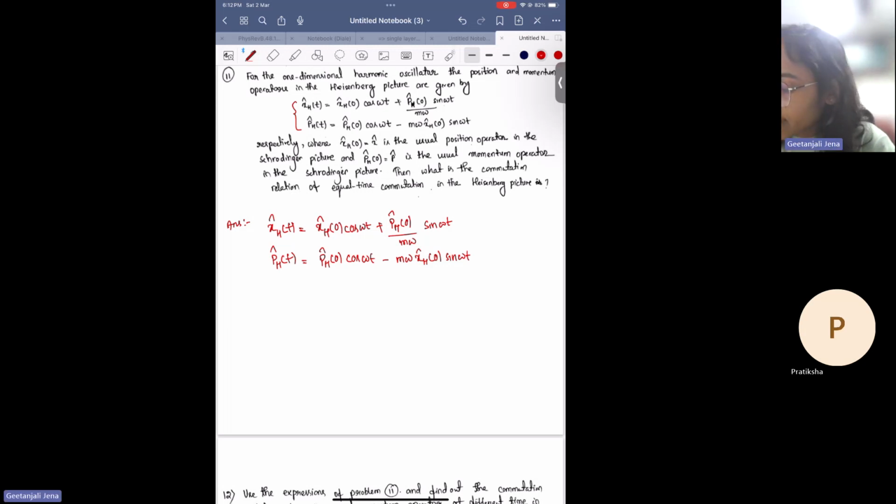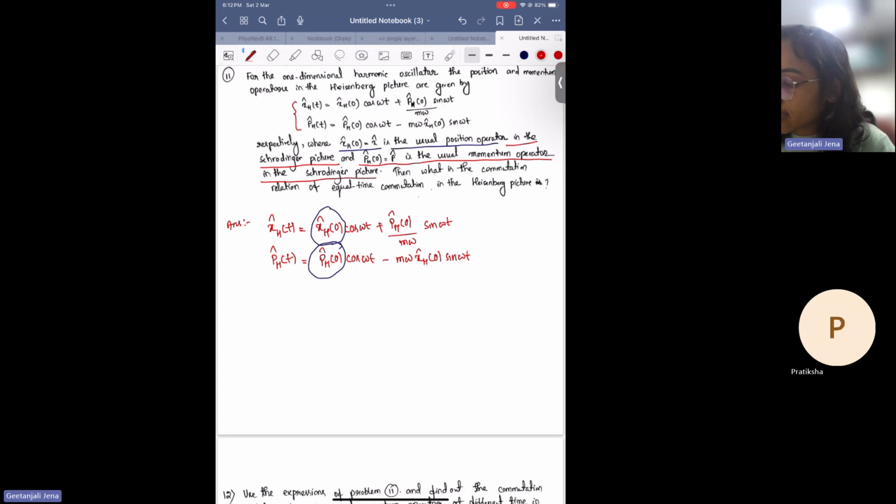Now these terms are also given. These are the terms that are present in the Schrodinger picture. Right? x0 is x, which is the usual position operator in the Schrodinger picture, and p0 equal to p is the usual momentum operator in the Schrodinger picture.